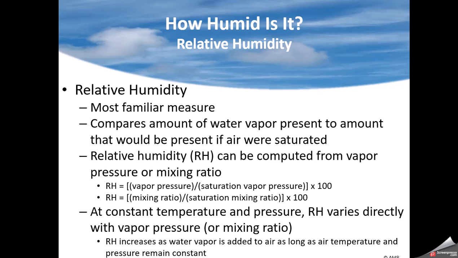Or if you cool the temperature of the air, then that water vapor is going to have to condense, because the saturation mixing ratio and vapor pressure are all going to change as the temperature cools. So some of that vapor is going to wind up becoming liquid water.